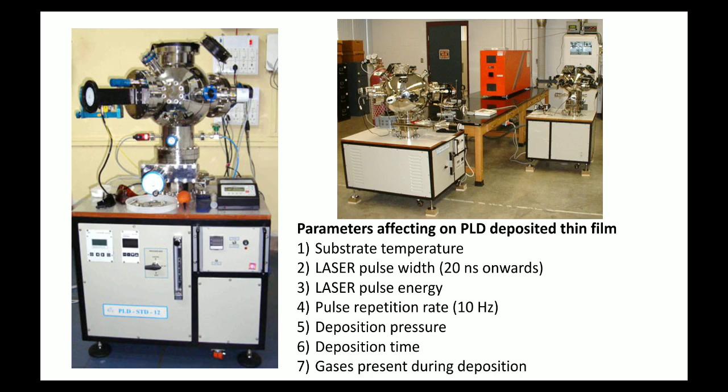With this single laser source you are able to use multiple chambers. In this photo there are two chambers: one exactly in front of the laser, and one to the side of the table.